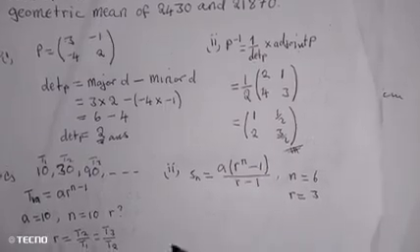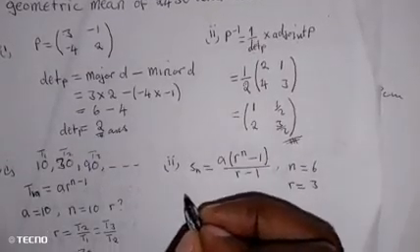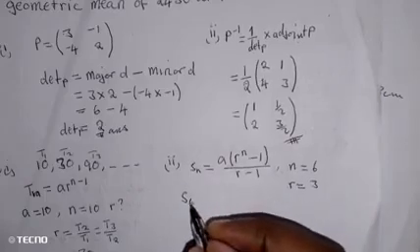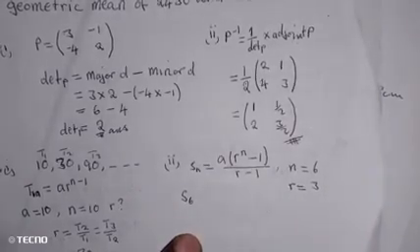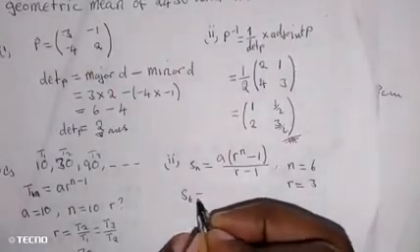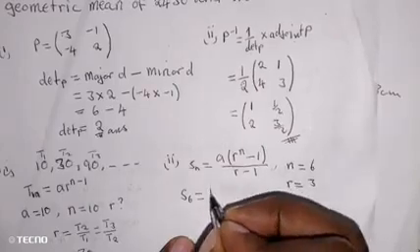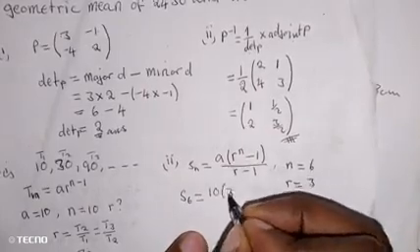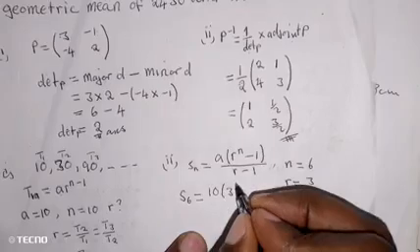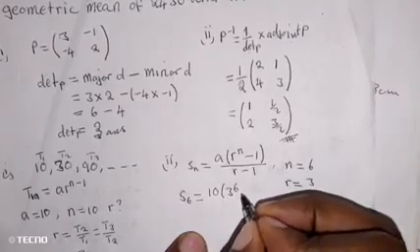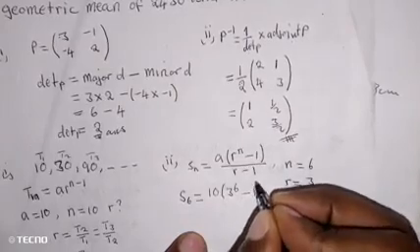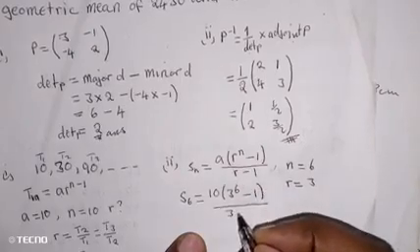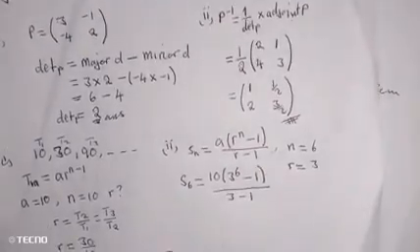That's the condition. So S6, representing the first 6 terms, will be equal to 10, open bracket, 3 to the 6, minus 1, we close, over 3 minus 1.